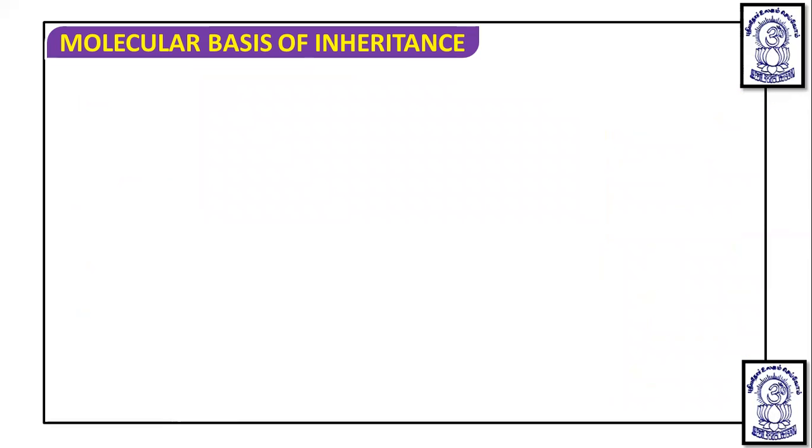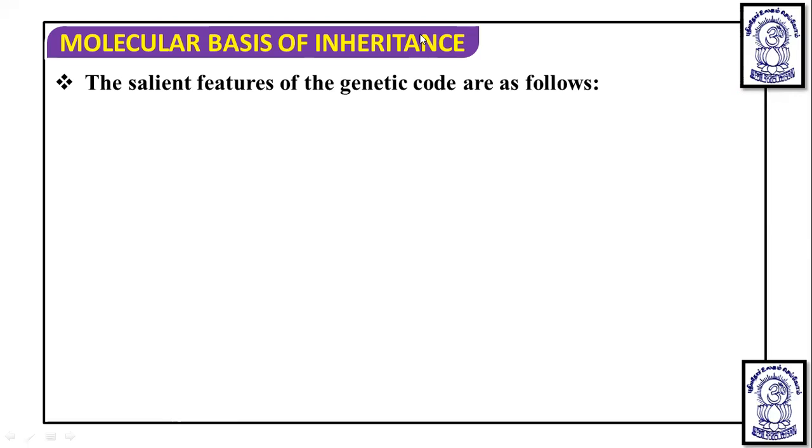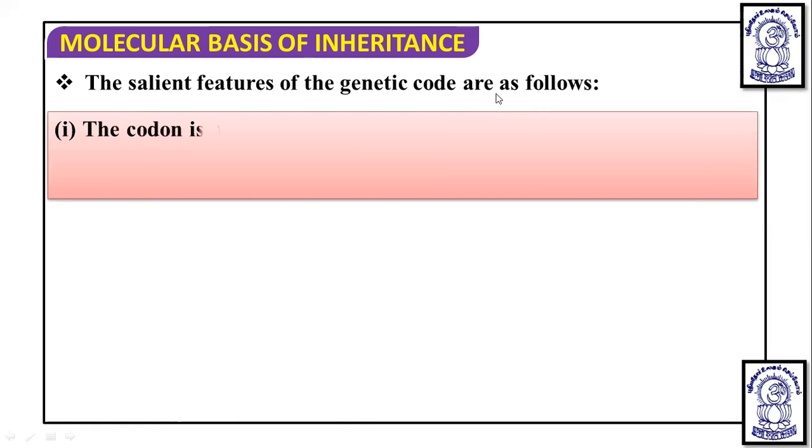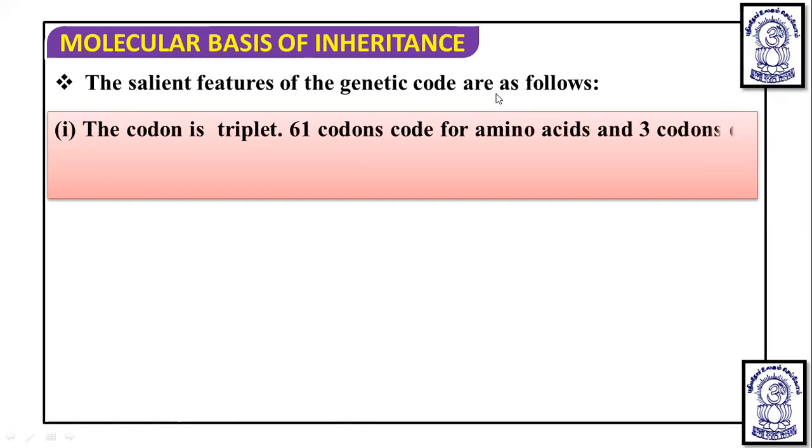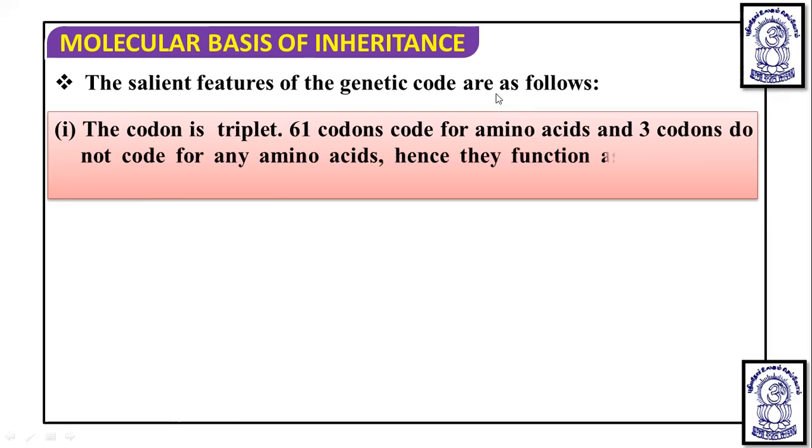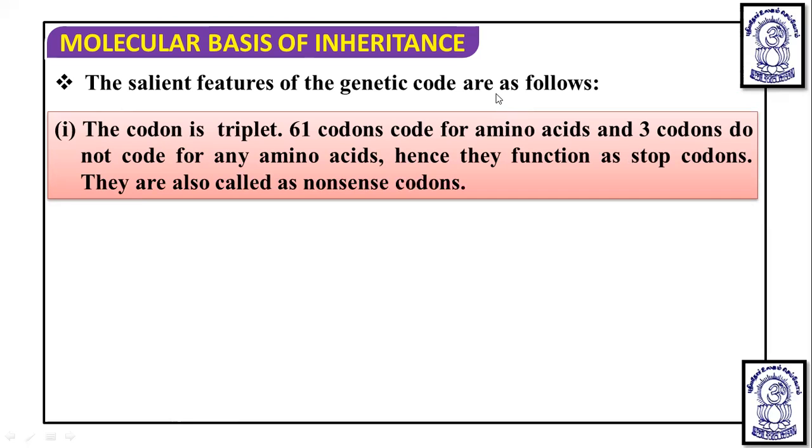Now we are going to talk about the salient features of the genetic code. After studying this whole checkerboard, first, the codon is a triplet, meaning a codon is made up of 3 adjacent nitrogenous bases. Here 61 codons code for amino acids, and 3 codons do not code for any amino acid.